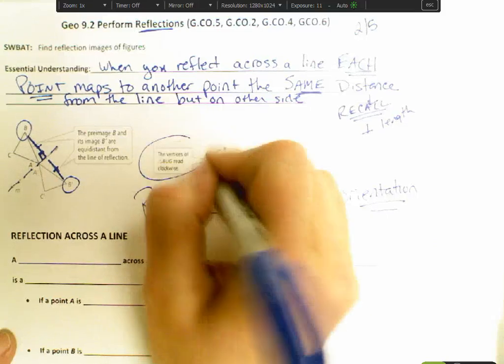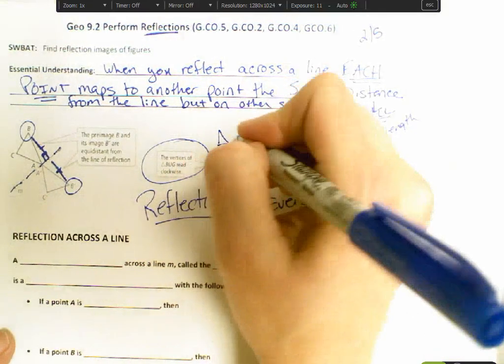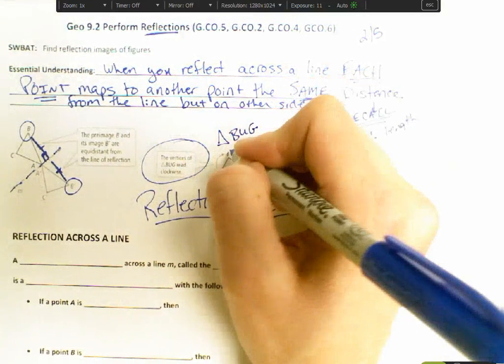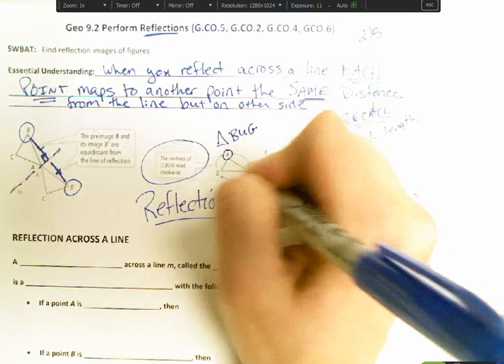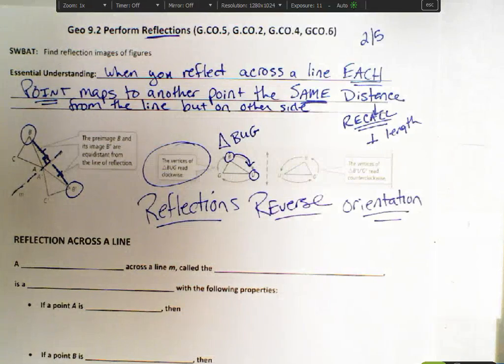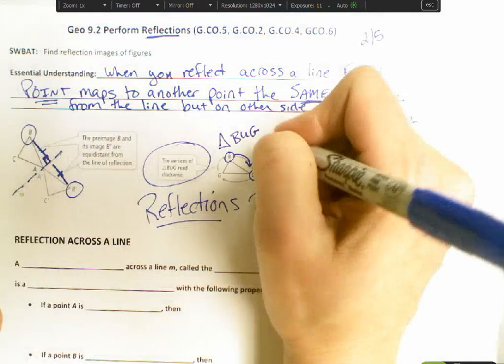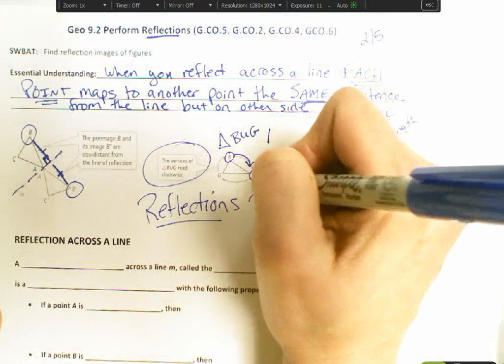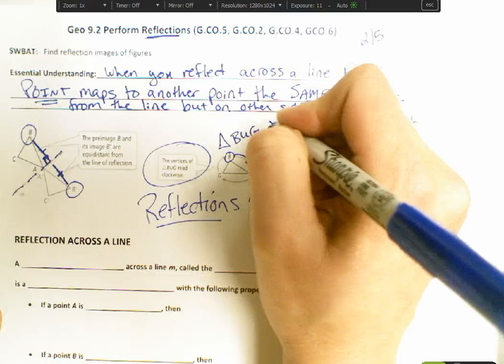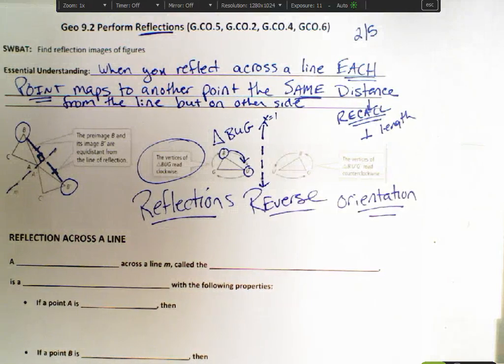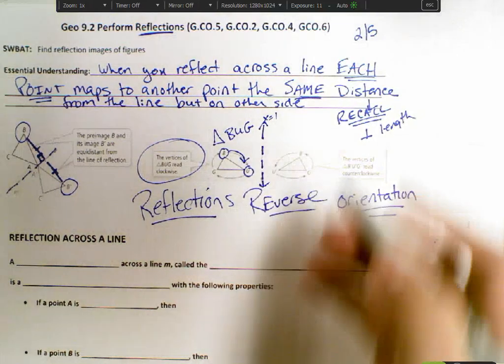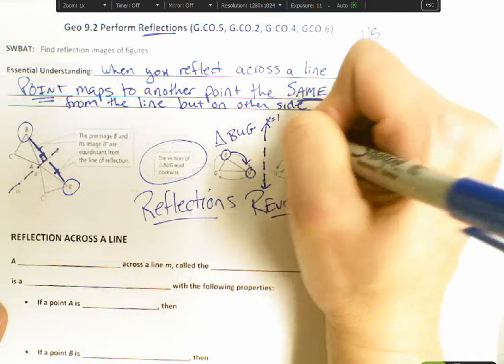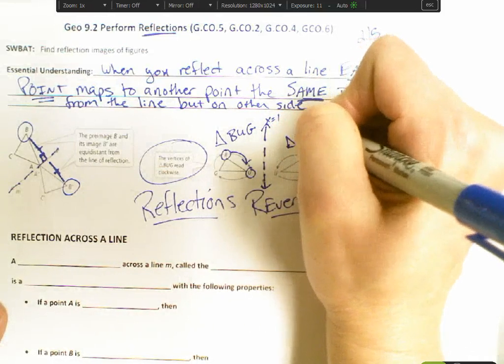So if I talk about my pre-image triangle BUG, if I start with B and I go to U and then I go to G, that's all clockwise. But if I reflect it over this vertical line, some sort of x equals something, it's called x = 1, then I get my image of B prime, U prime, G prime.